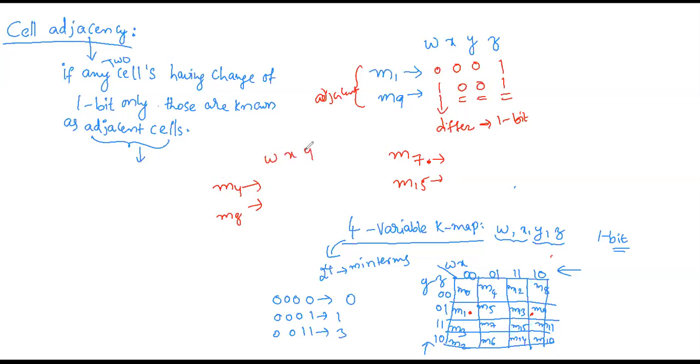In 4 variable K-map, find out whether these two are adjacent or not. M7, M15 adjacent.